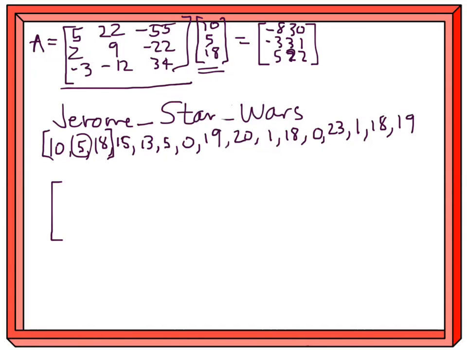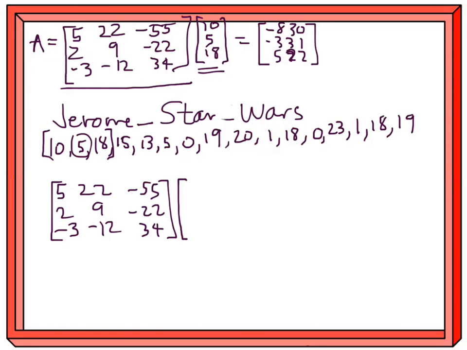You multiply your 3 by 3 encoding matrix by all of the vectors all at the same time. So I'm just going to go with columns of 3 until I've exhausted all my numbers, and then add any zeros at the end for any blank spaces.